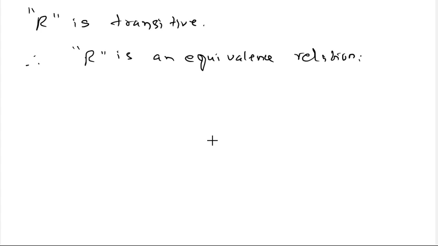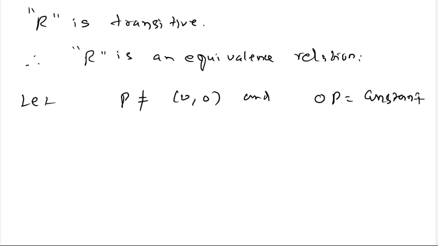If we take the points P and Q, where the point P is not equal to the origin, and the distance of the point from the origin is constant, then this implies the distance OP is equal to a constant.